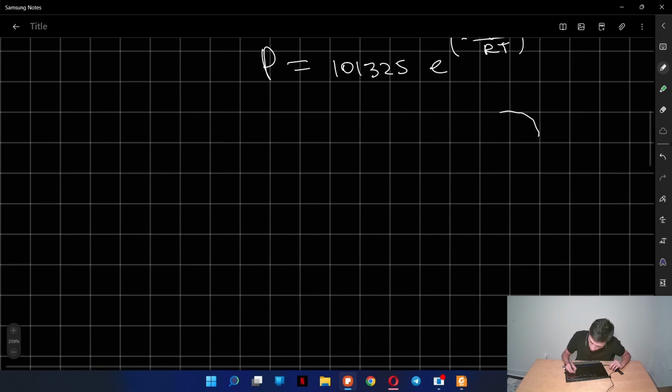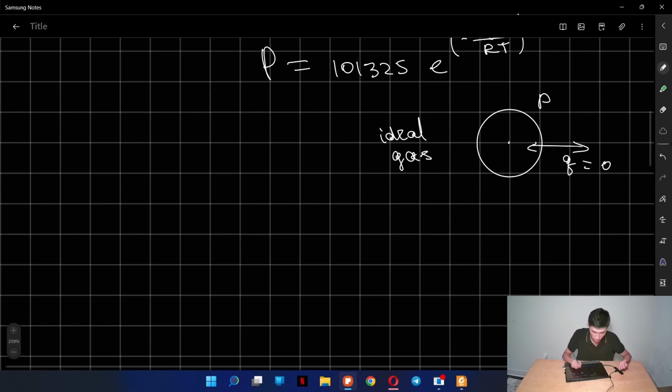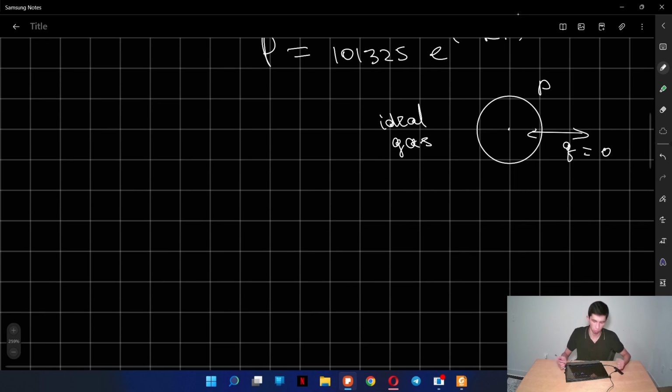And in our case, we're given an air particle, a pocket of air, and we're saying that it's an adiabatic process, so the change in heat is 0. And we're given that it's an ideal gas. From the first law of thermodynamics, we know that dU is equal to dQ minus PdV.